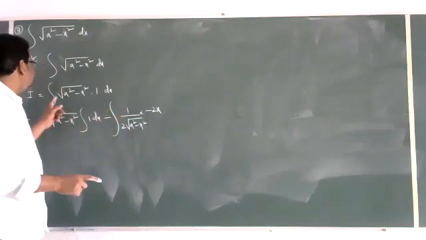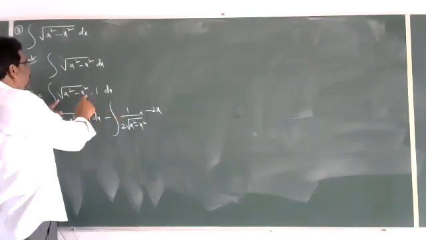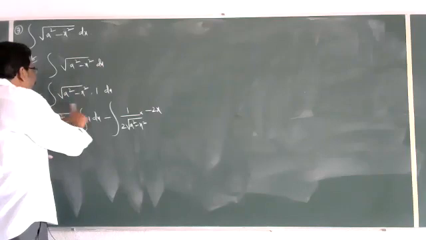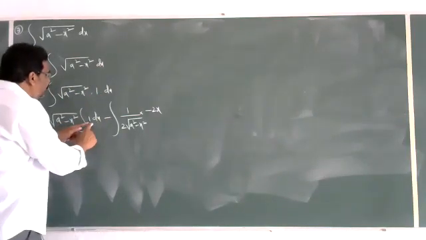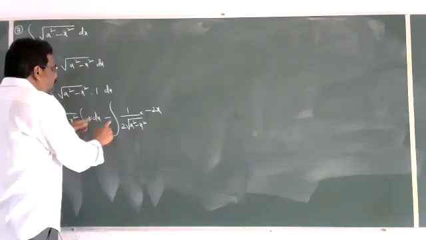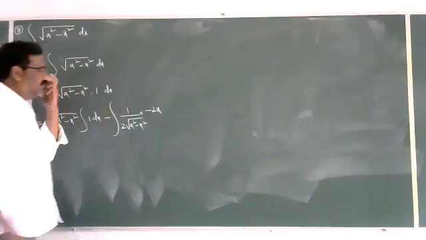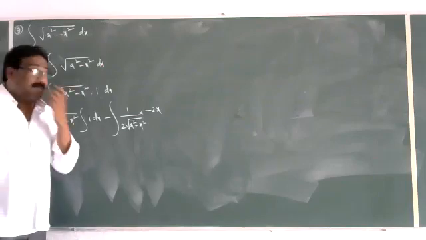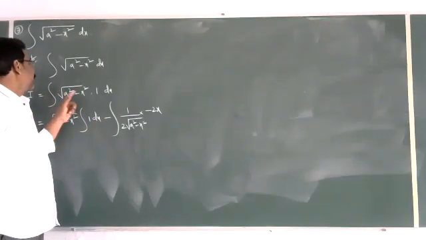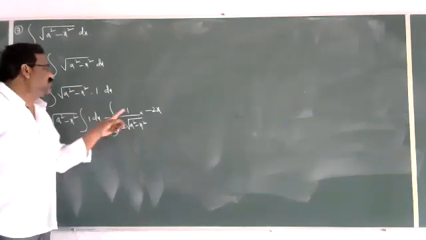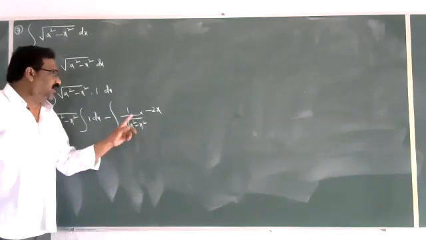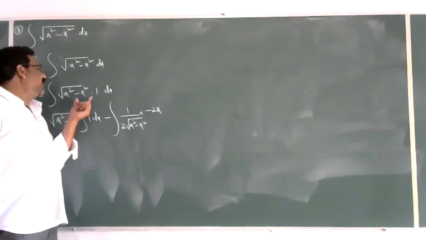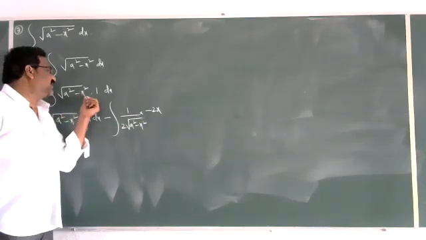That is, the integration of root of a square minus x square here. This is the first function and this is the second function. First function into integration of second function minus integral derivative of first function into integration of second function, for whole dx. Derivative of first function: you consider this as root x. What is the derivative of root x? 1 by 2 root x, into what is x here, a square minus x square.